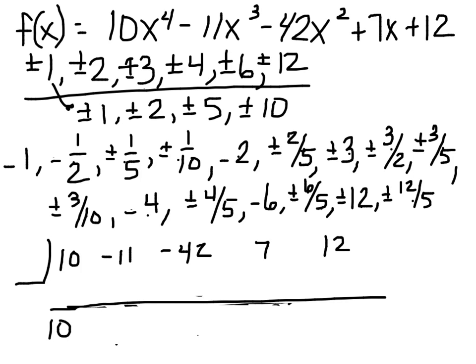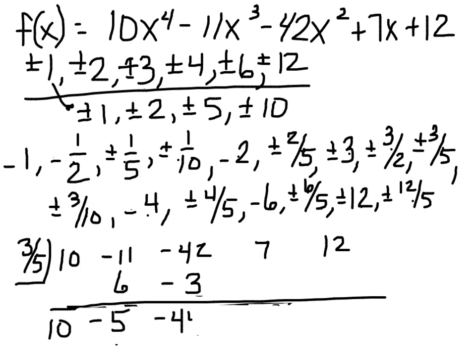3/5? What's 3/5 times 10? Okay, here, let me backtrack then. What's 10 times 3? 30 divided by 5? What is negative 11 plus 6? Negative 5. What's negative 5 times 3/5? Negative 3.